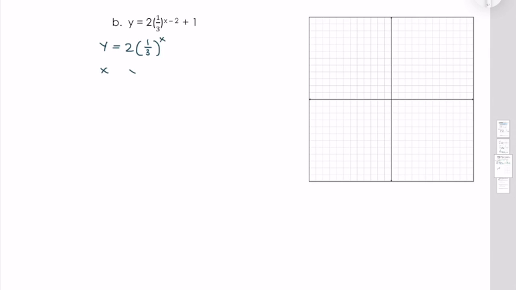Again, for letter B, I am going to start by just finding the values for 2 times (1/3) to the power of x and graphing that before I shift it.